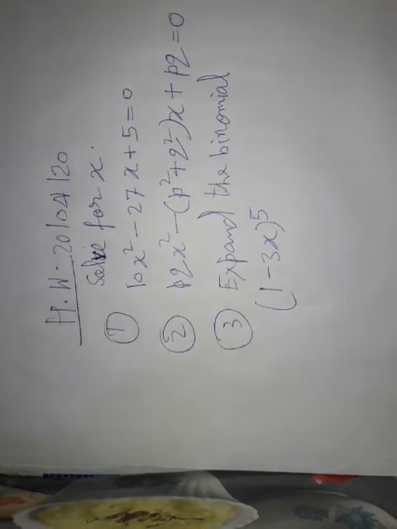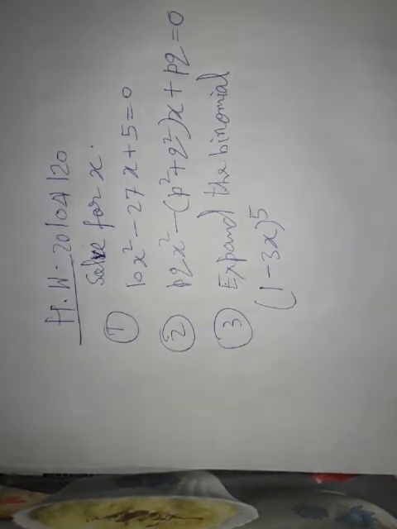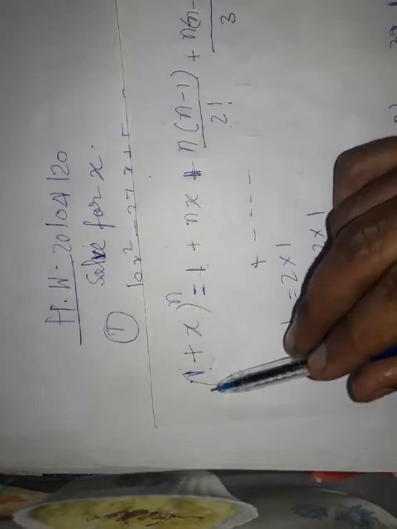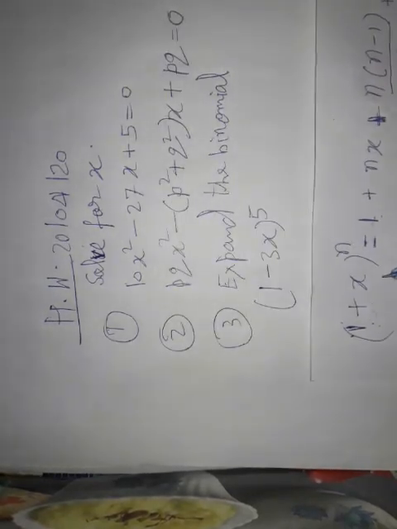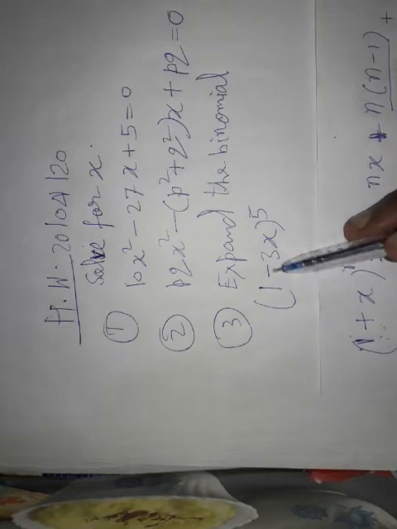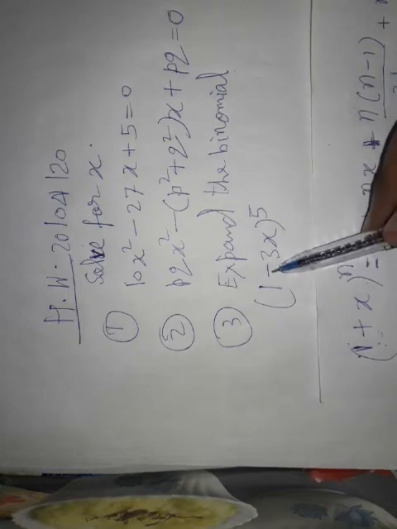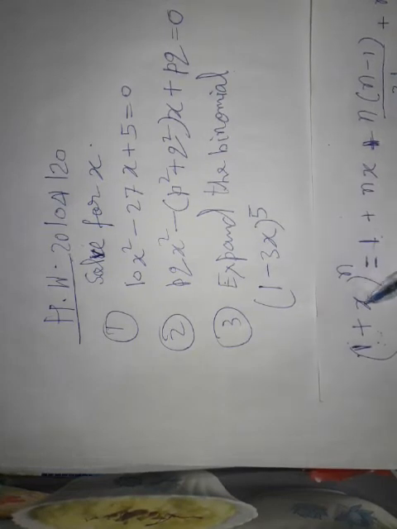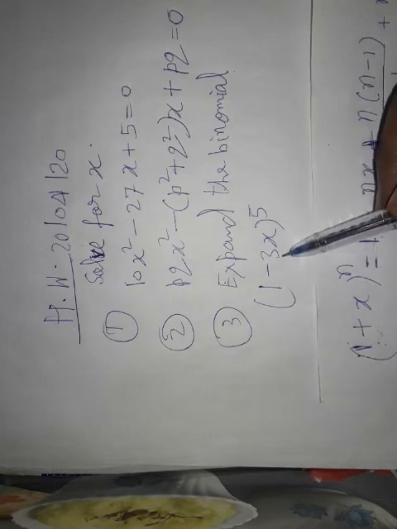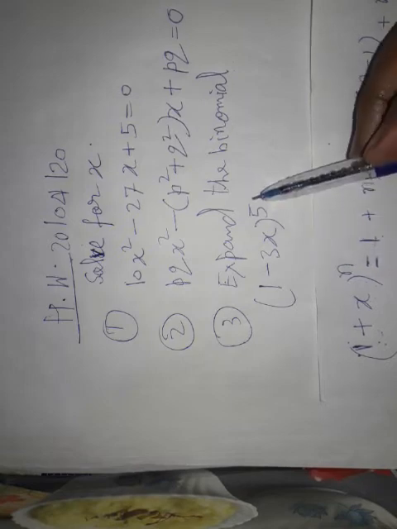Means using the binomial theorem, here 1 plus x, in place of plus in this question we have minus, and in place of x here is 3x, and the power is 5.